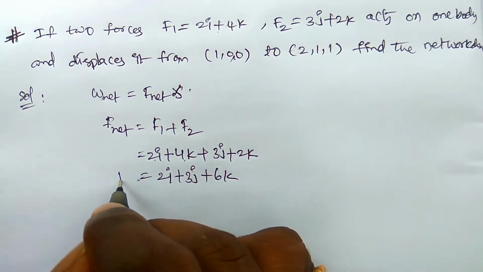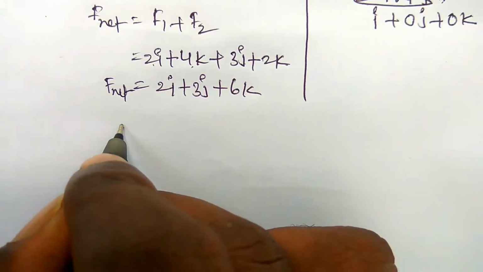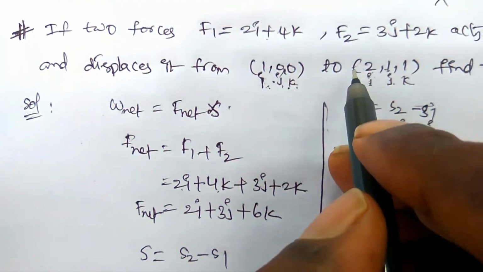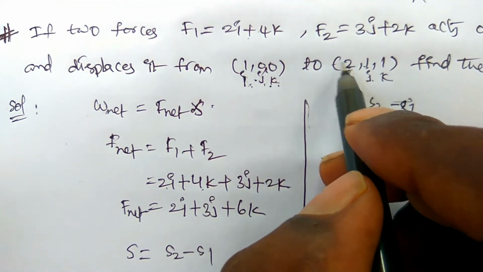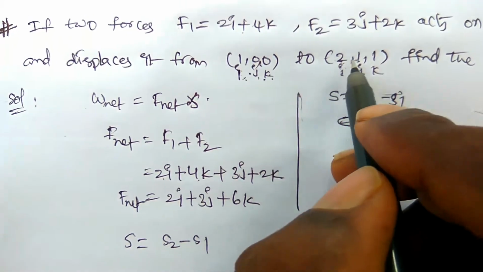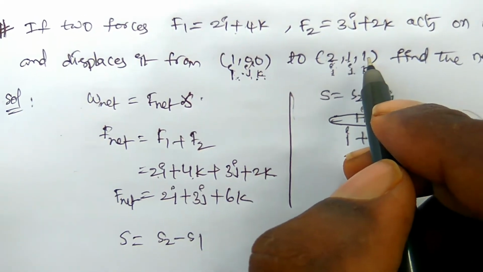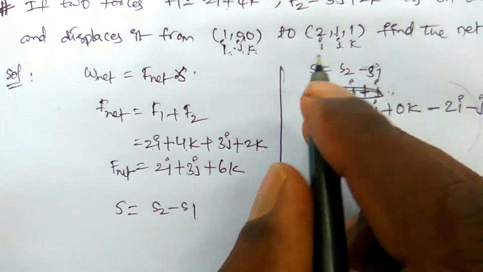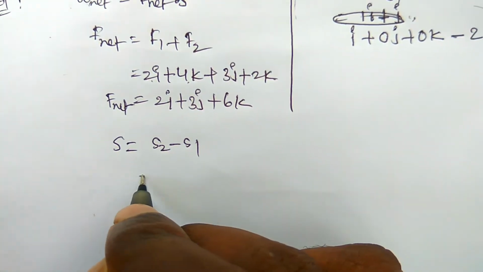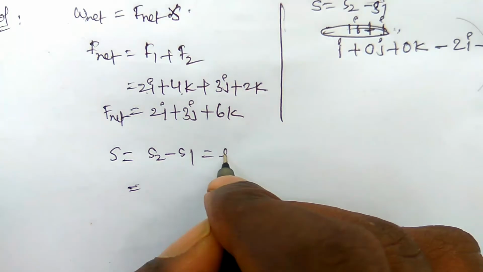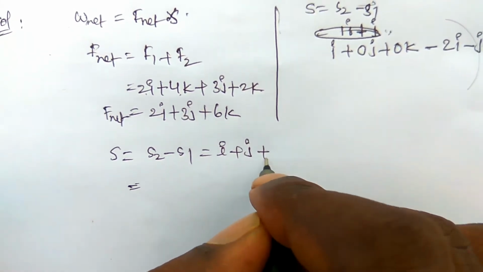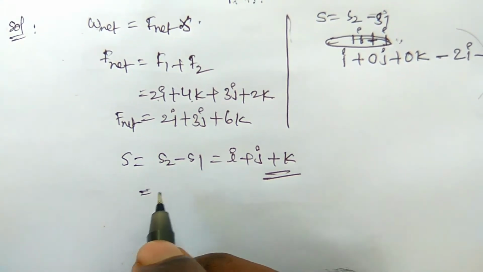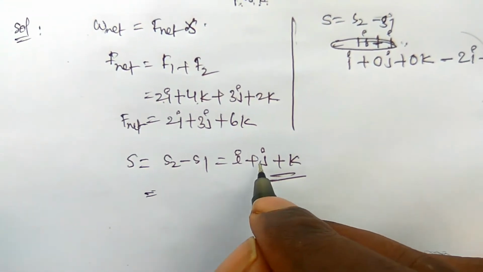So this is the net force: 2i plus 3j plus 6k. S is equal to S2 minus S1: 2 minus 1 is 1, 1 minus 0 is 1, and 1 minus 0 is 1. So S is equal to i plus j plus k.